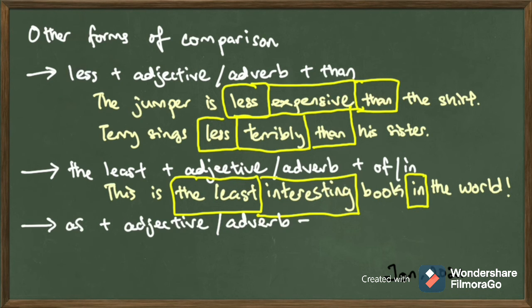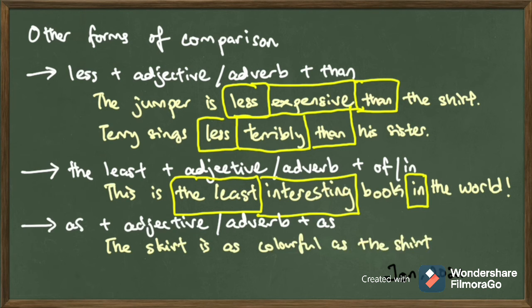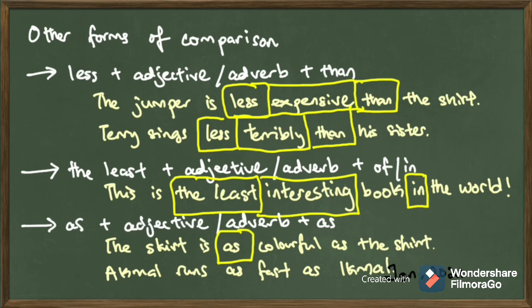As we go on, as plus adjective or adverb followed by another as. The skirt is as colorful as the shirt. Akmal runs as fast as Ikmal. You can see that as, then you have the adjective followed by another as.